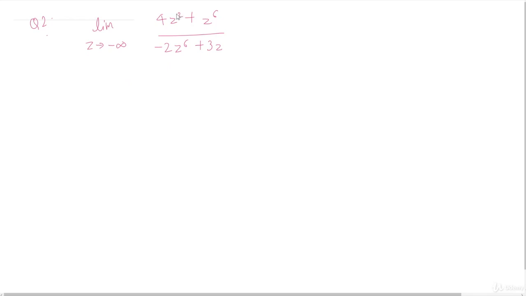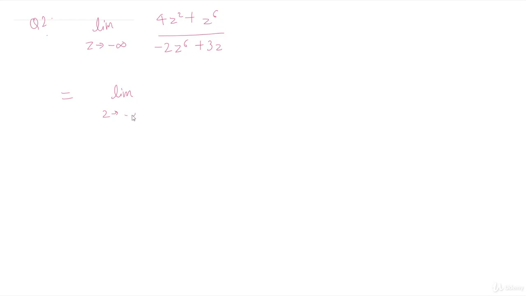So we will rewrite this as limit z approaches minus infinity. So what is the largest power in the denominator to be taken out as a factor? So this is z to the power 6. So this will be a factor from both numerator and denominator. Okay.